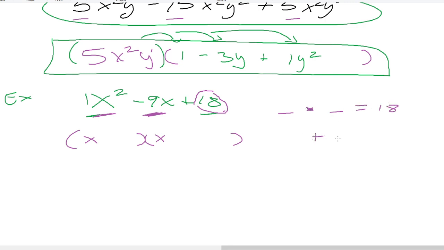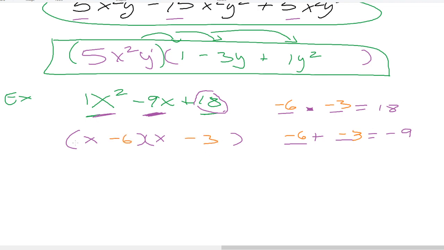But when I add those same two numbers, I get -9. So what are those numbers? Well, the answer is -6 and -3. If I add these two, I get -9.